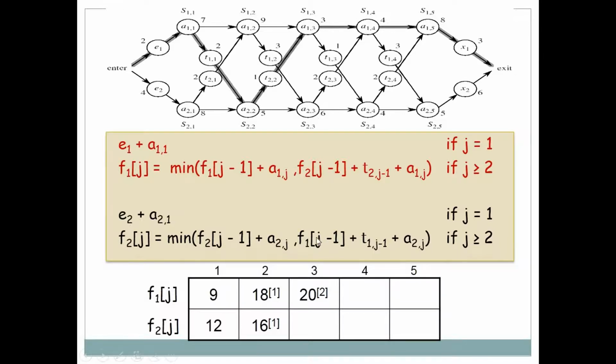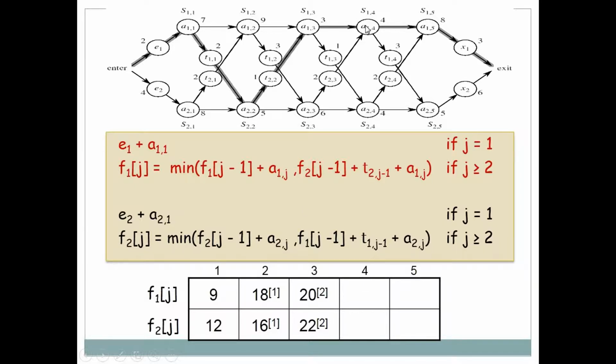And another thing is f1 j minus 1 means 18 plus t1 j minus 1 means 3, 18 plus 3 is 21, plus a2j means our 6. So 18 plus 3 is 21, plus 6 is 27. So the minimum from both of them is 22, so we will consider 22 here.